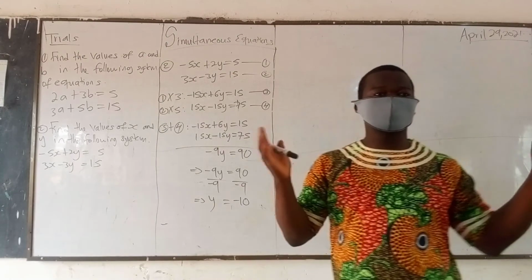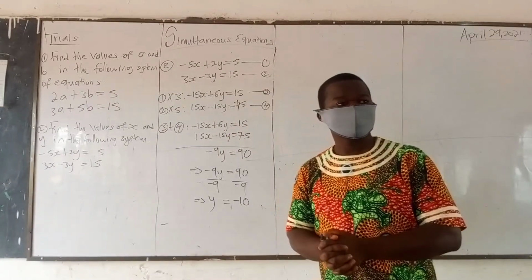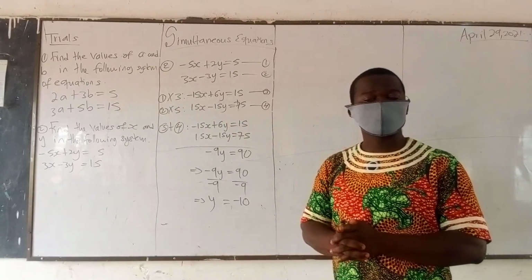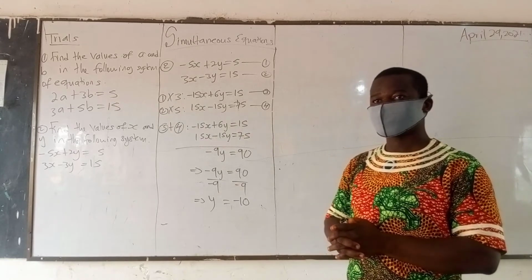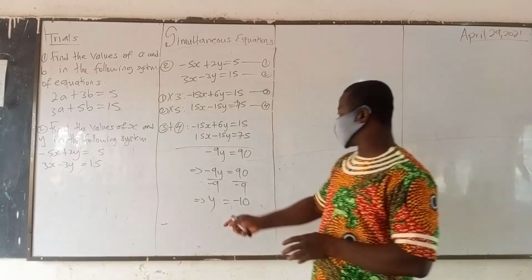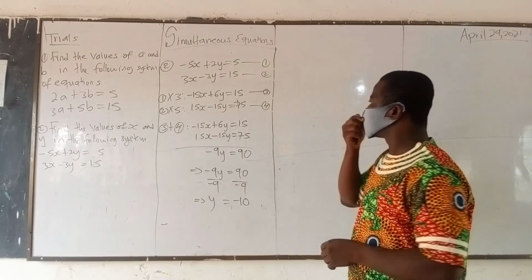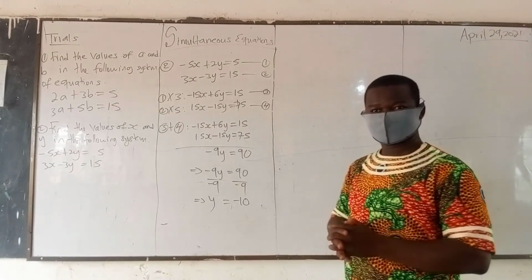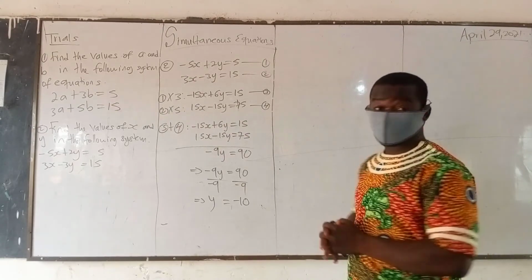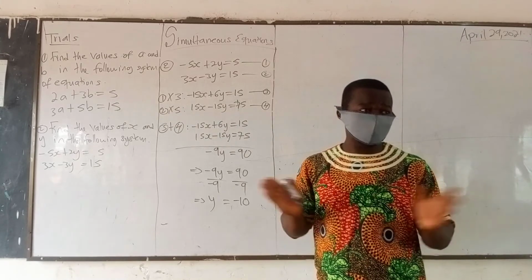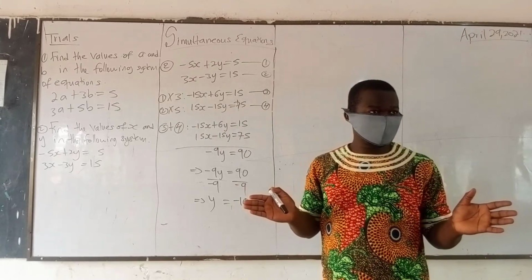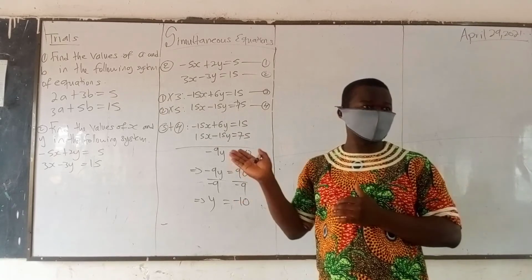Now to find x, what do I do? Please give me an advice. We substitute y into one of the equations, right? So which one do you prefer? You want equation 1? Yes. Do you agree with her? Equation 2 is okay, right?